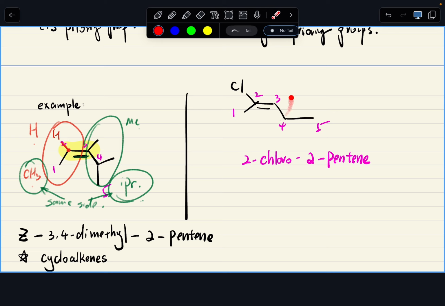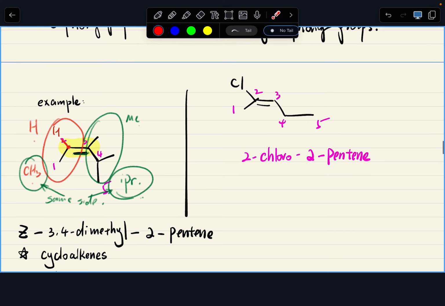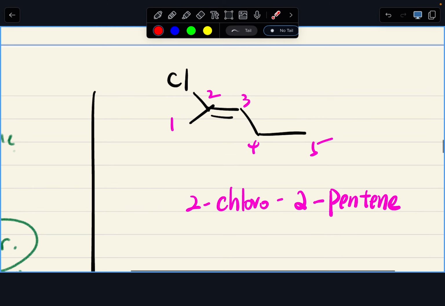And thinking about what is the EZ stereo configuration around each carbon. Now thinking about the left carbon, we are comparing my chloro with a methyl group. So between my Cl and CH3, my chloro is a higher priority group, right?